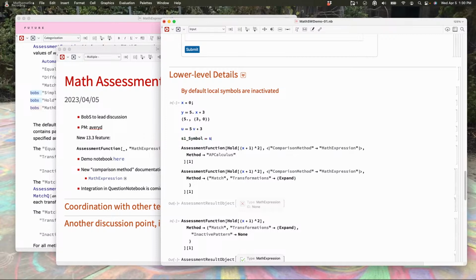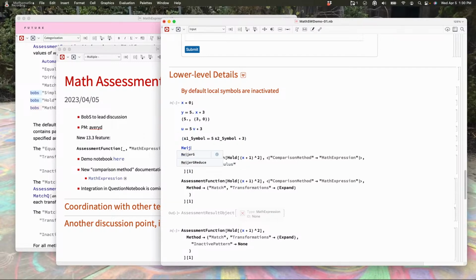Am I wrong? It's mathematically equal, but to most calculus teachers, the Meijer G function is not considered the right answer. But why not in our formalism, so to speak? Probably FullSimplify would say it's equal to sine squared x. Am I making sense?